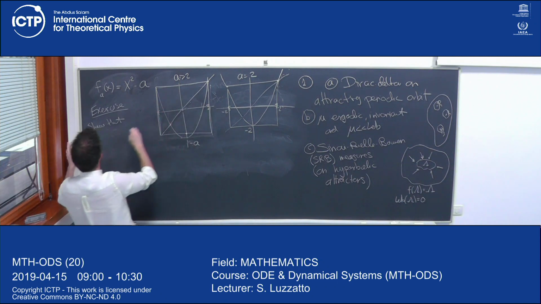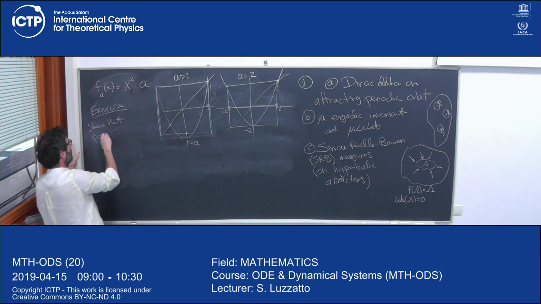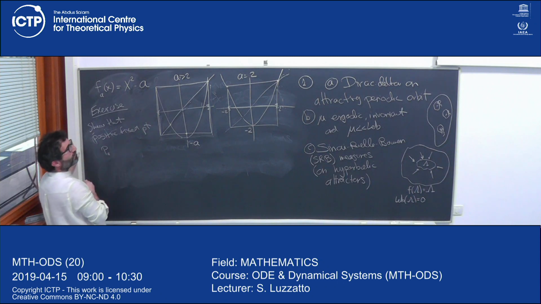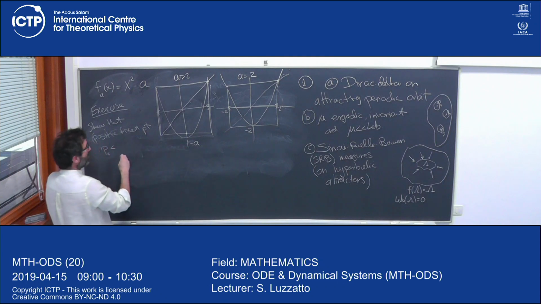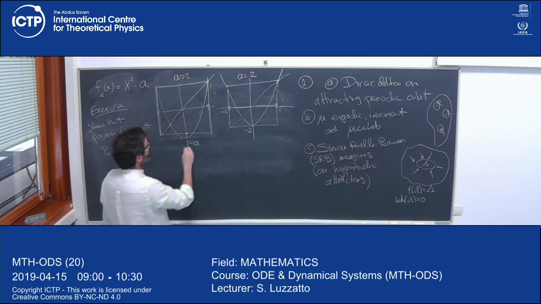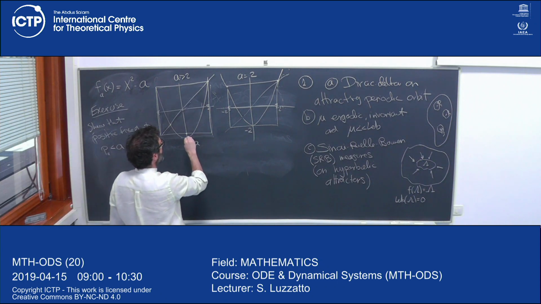One is positive, one is negative. So the positive fixed point, P of A, is less than A. Right, that's what we're saying. Because this point here is A.